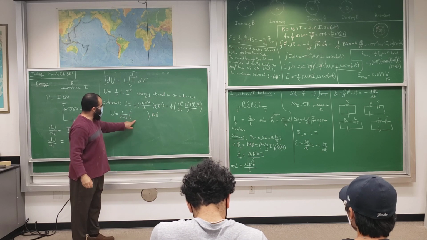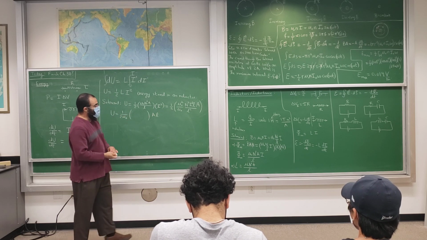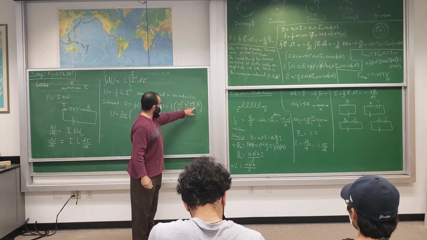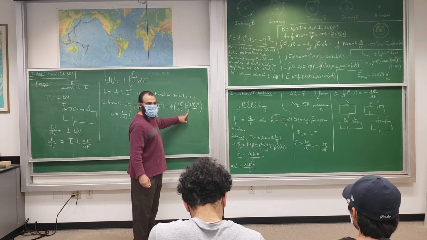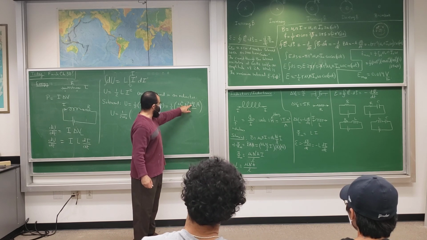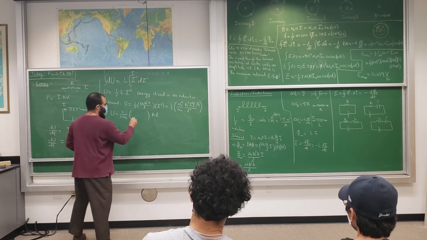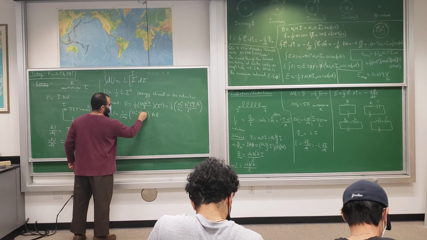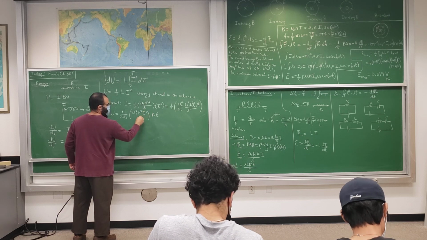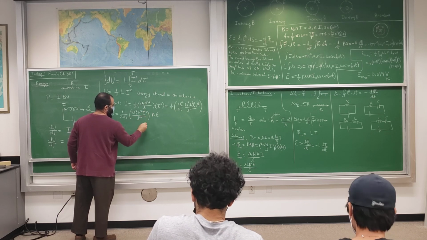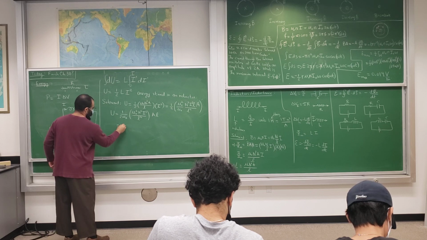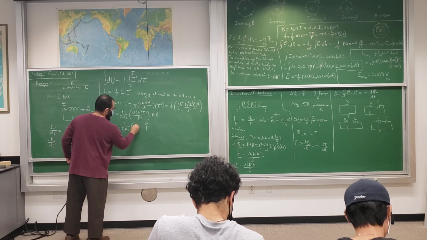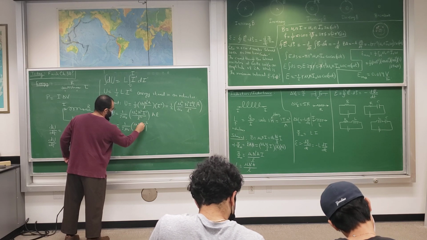So what would remain here? Yes, good. It's mu naught squared, N squared, I squared over L squared. And this is 1 over 2 mu naught times mu naught, capital N, times I.